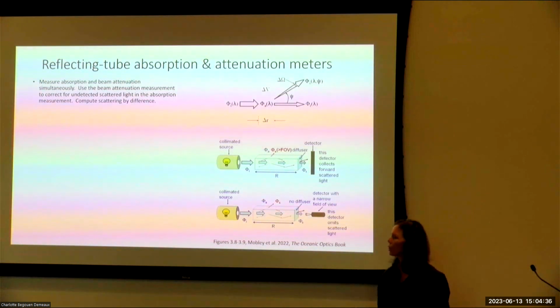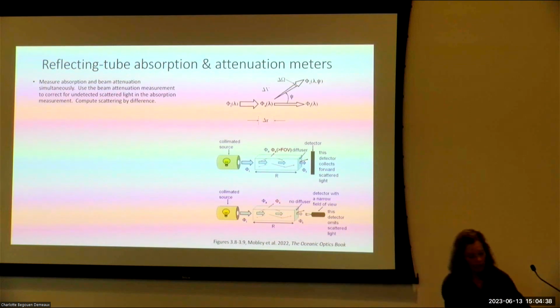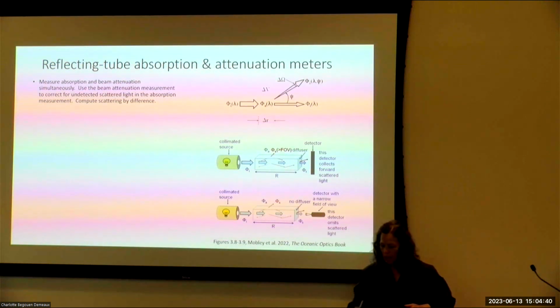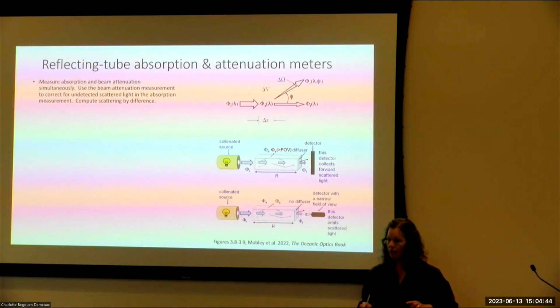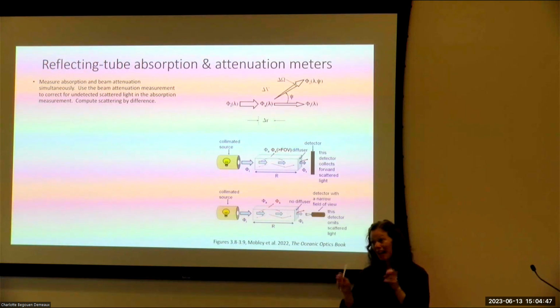The principle of the absorption meter: we have an instrument that has one path for measuring absorption, and basically it's like a cuvette, right? But it's a flow tube that your sample water goes through that has reflective walls.